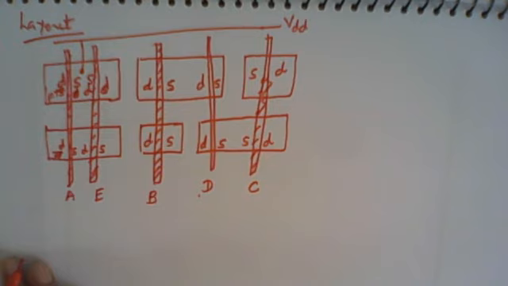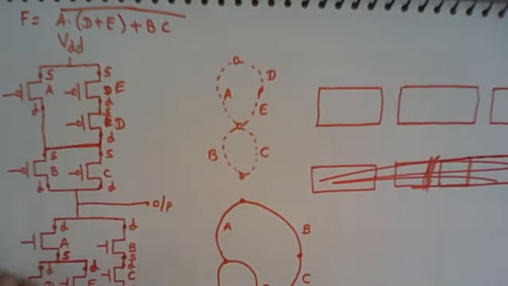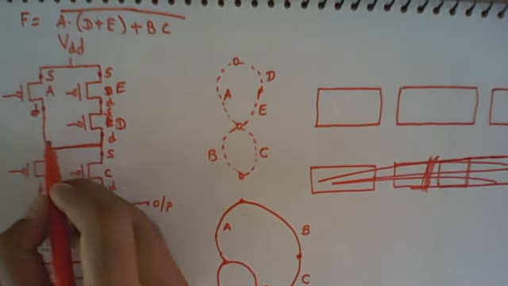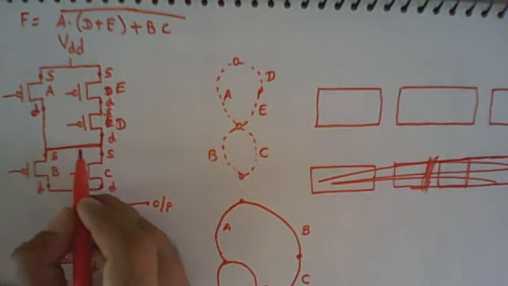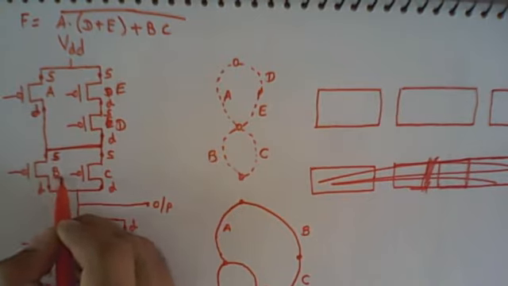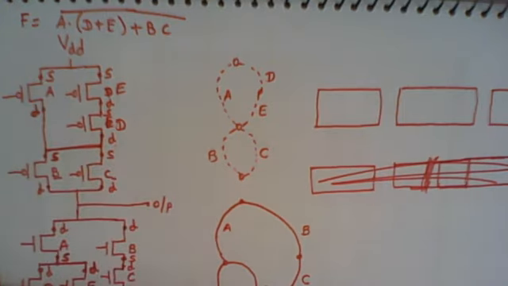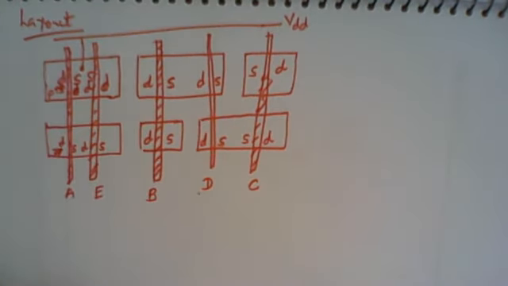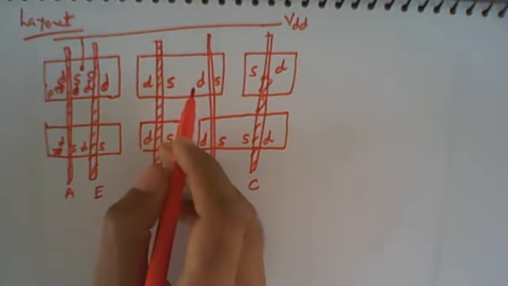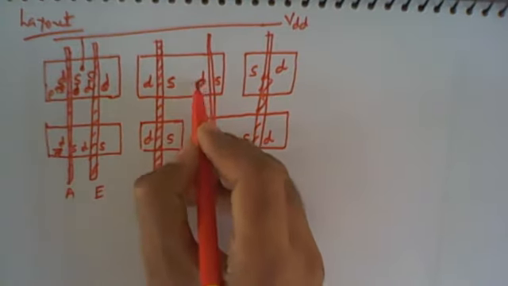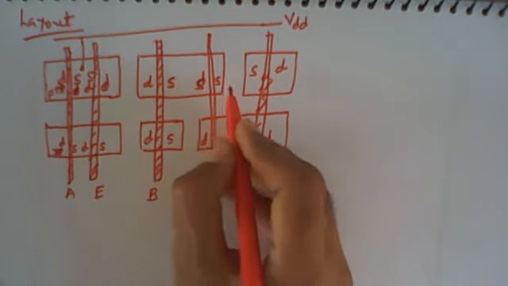Then drain of A is connected with the sources of B and D and source of C. So drain of A in a P MOSFET is connected with the sources of B and D, here and here, source and drain.